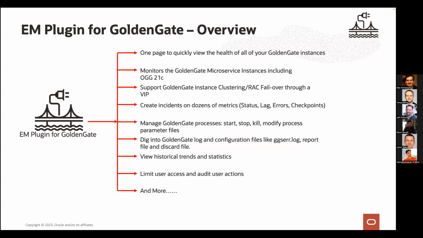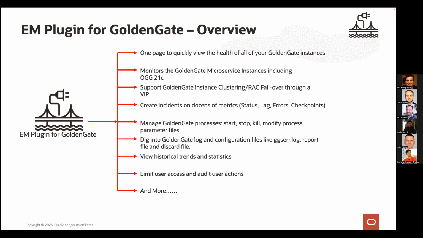Not only monitoring the GoldenGate instances, but you can also perform certain operations or administrative tasks on the GoldenGate processes, like you can start the process, stop the process, or kill the process from the Enterprise Manager console. And you can even modify the process parameter files. You don't need to explicitly log into the GG instance to modify the process parameter file.